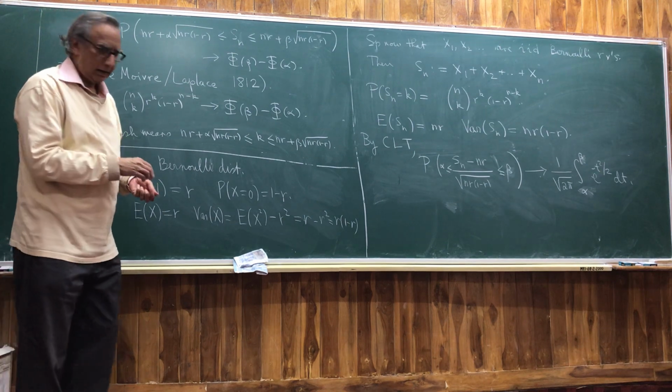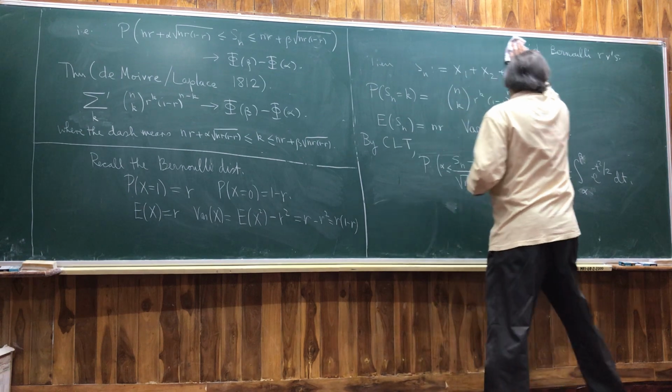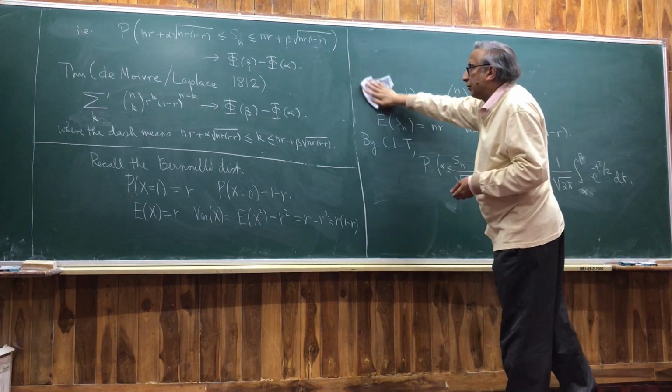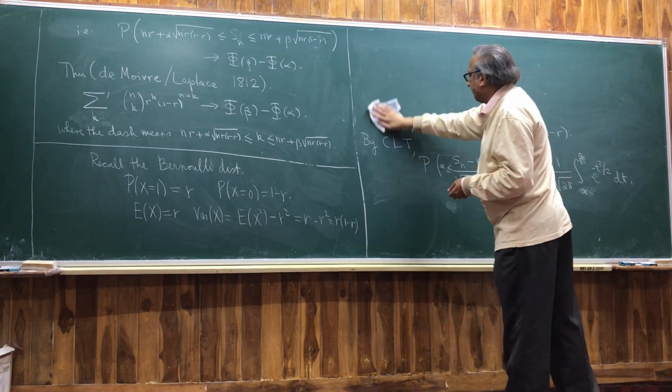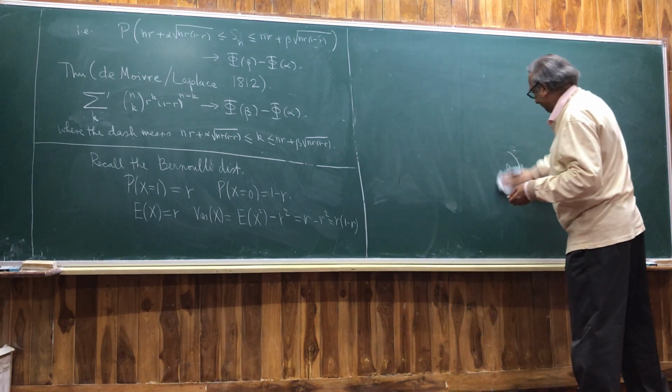The interesting thing is, if you specialize to a fair coin, in a fair coin, the probability of heads is a half.